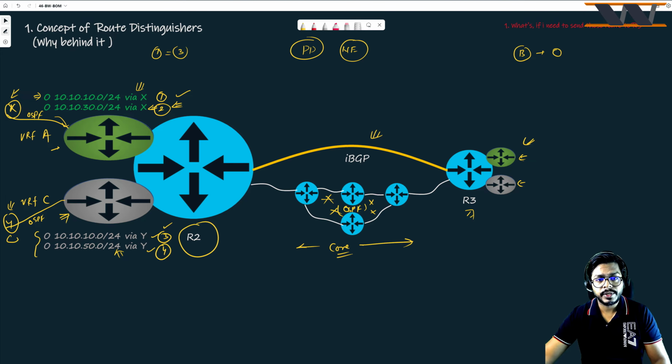So basically, what are we doing here? Between R2 and R3, we are also running IBGP, and as soon as I run IBGP, of course, we are going to advertise the routes. Before that, you should understand that right now the routes are in OSPF. Guys, just wait a minute once more.